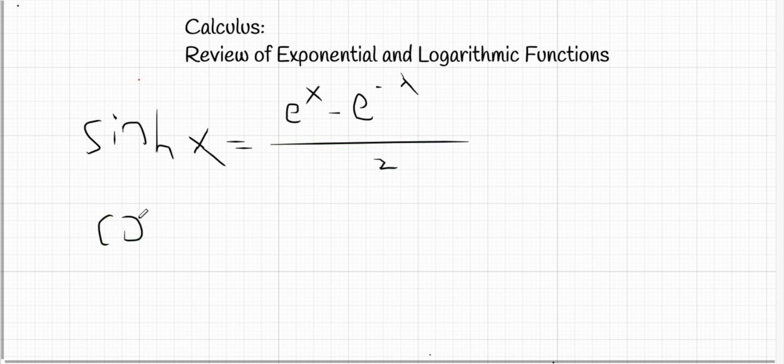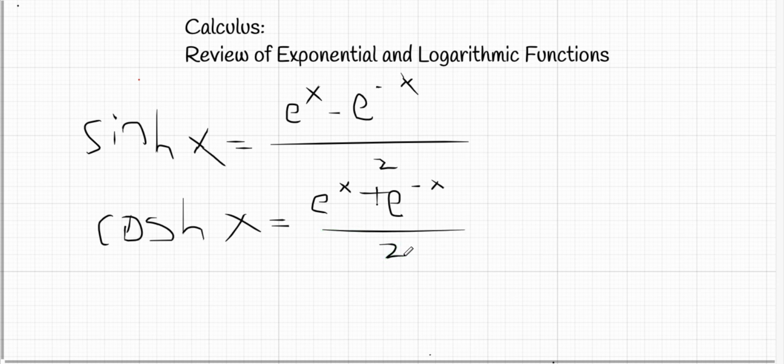Similarly, there's cosine h. I know it's tempting to call it cosh x, but it's called cosine h, or hyperbolic cosine, and it's similar. It's e to the power of x plus e to the power of negative x over 2. And I won't go into why it's called this.